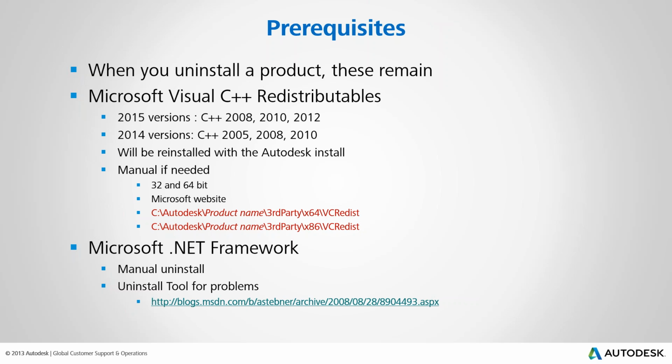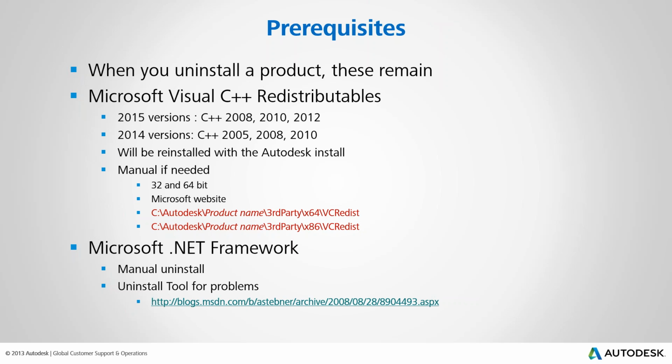If you download, say, the full installer for AutoCAD, it's going to extract the install files to see Autodesk AutoCAD 2016, 2017, whatever. And under that, there's a folder called Third Party, and then either x86 or x64, depending on whether you're doing a 32-bit or 64-bit version of the C++, and then a folder under there called BC Redis.